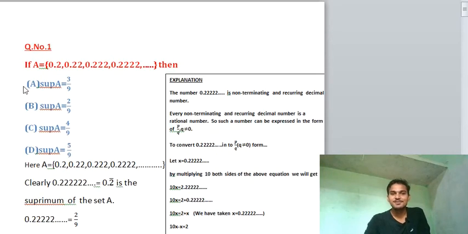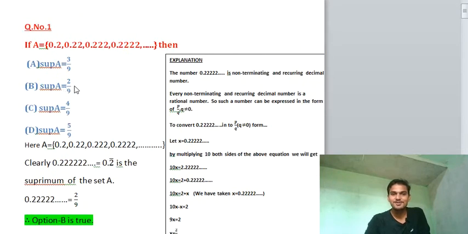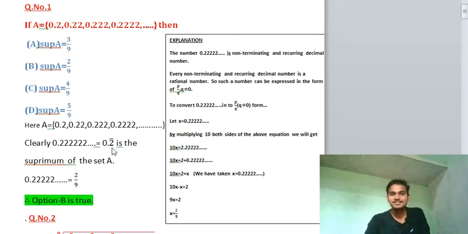But 0.2 bar is not there among the options. The options are in fraction forms. So we have to convert this 0.2 bar into a fraction. When we convert this 0.2 bar or 0.2222 into a fraction, we will get 2 by 9.